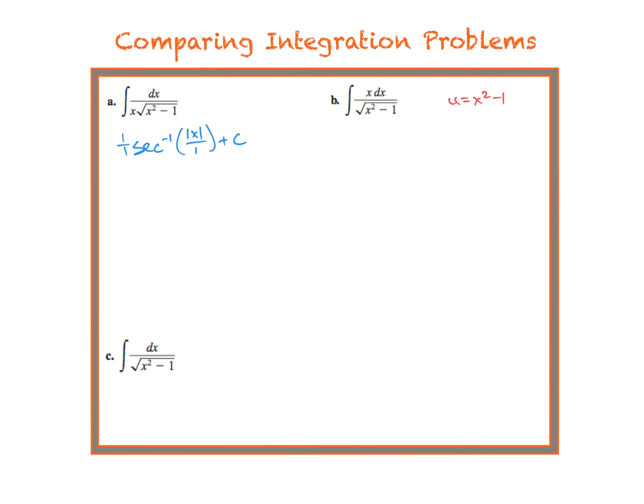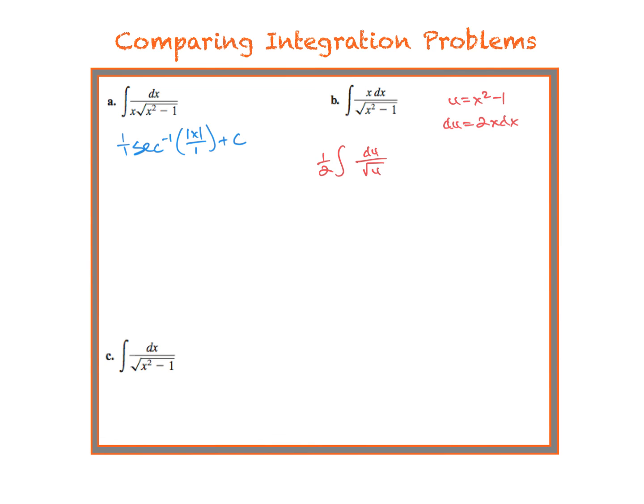Just because we have new tools in our toolbox, does that mean we use them all the time? No. All right. So my u is equal to x squared minus 1. So what's my du? 2x dx. Did it cover perfectly? No. What needs to be brought out front? A 1/2. So now I have a 1/2 du over square root u. Well, that u is really to a power of what?